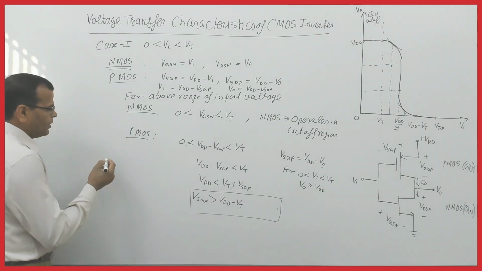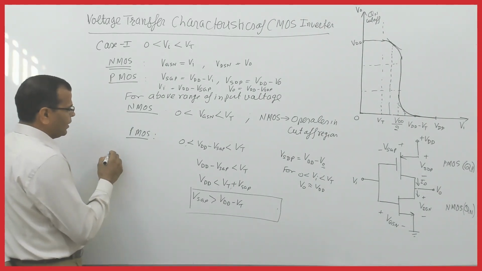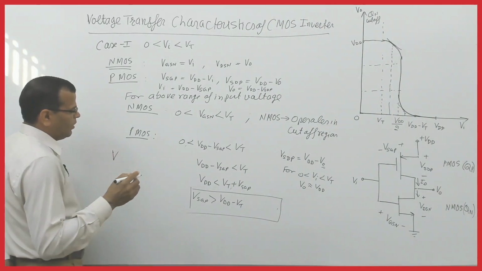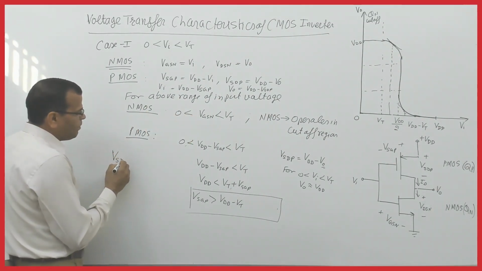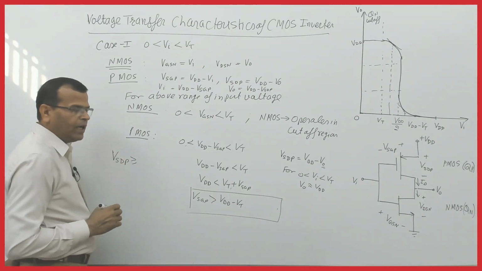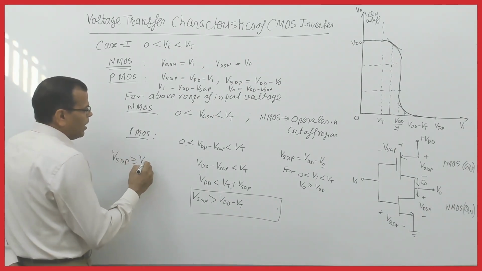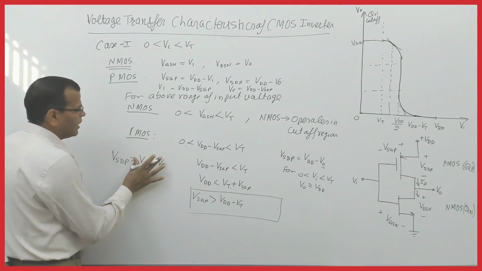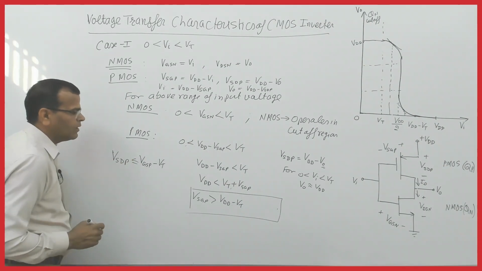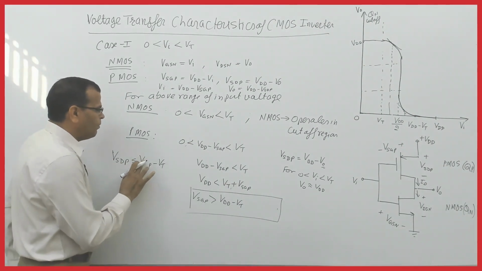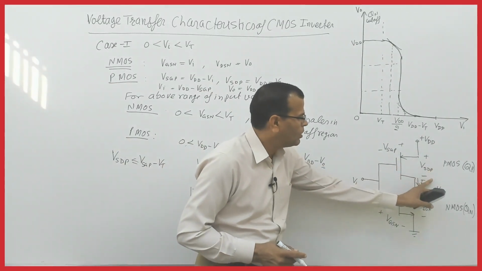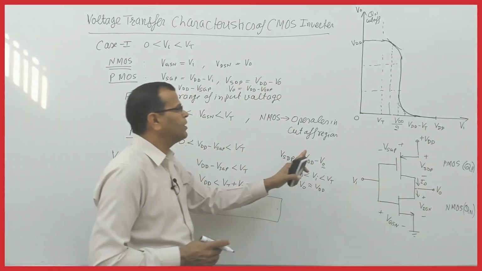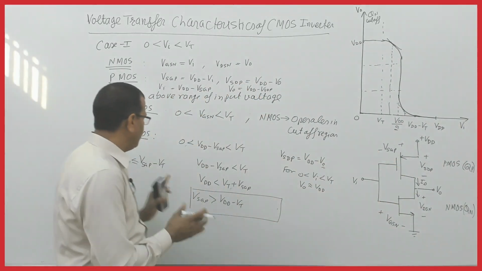For ohmic region of operation of PMOS, VSDP should be less than VGSP minus threshold voltage, not greater. For ohmic region of operation of PMOS, your relation between VSGP and VSDP is this.